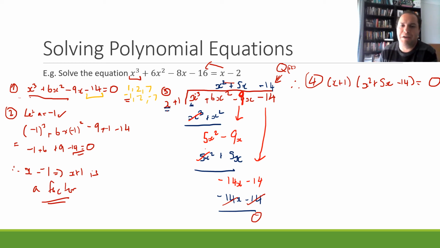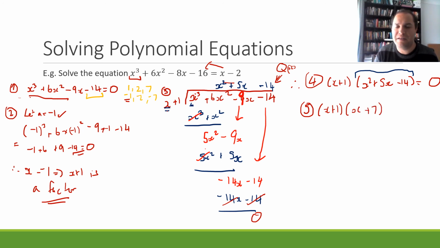Now our fifth step is working out if we can factorize our quotient. Looking at that, we can. We need numbers that multiply to give negative 14 and add to give 5. They are going to be x plus 7 and x minus 2.